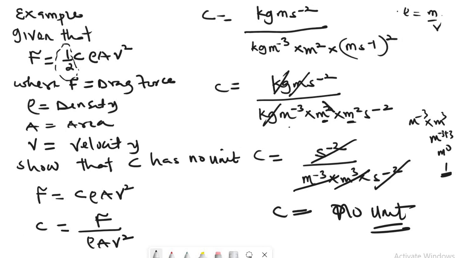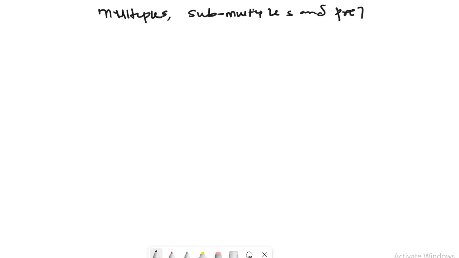Let's see the submultiples, multiples, and prefixes, and how to use them. Okay, now in physics, what do we call multiples, submultiples, and prefixes? Multiples are generally numbers with positive power.